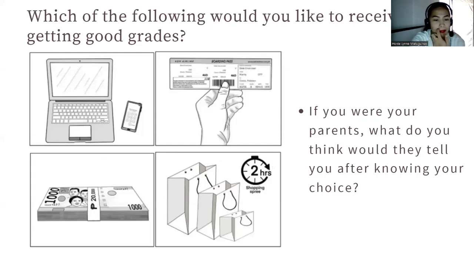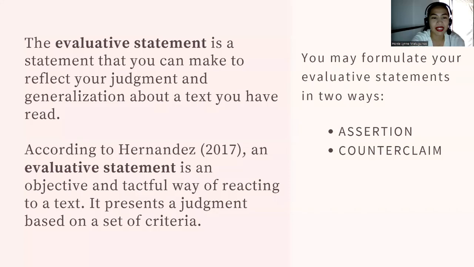you have made. How you made your own choice is related to our topic today, formulating evaluative statements. So, according to Hernandez in 2017, an evaluative statement is an objective and tactful way of reading a text, of reacting to a text. It presents a judgment based on a set of criteria.